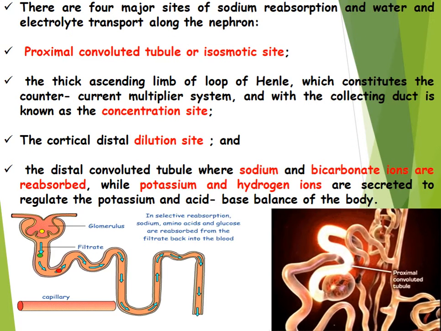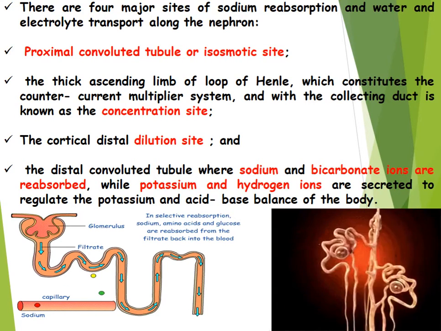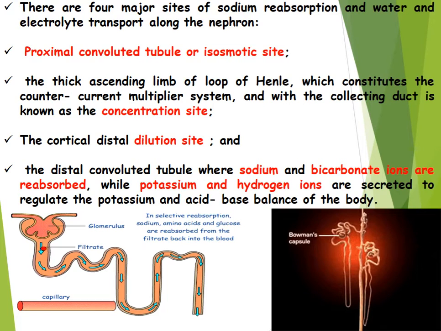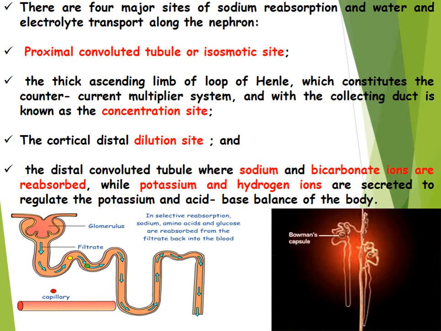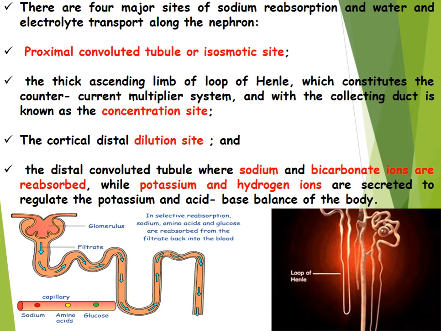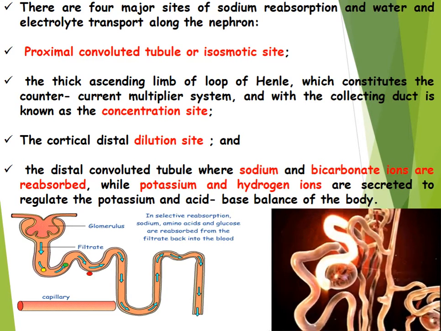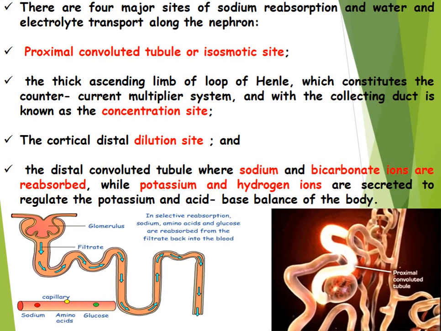There are four major sites of sodium reabsorption and water and electrolyte transport along the nephron. The first is the proximal convoluted tubule, or the isosmotic site. The second is the thick ascending limb of the loop of Henle, which constitutes the countercurrent multiplier system, and with the collecting duct is known as the concentration site.